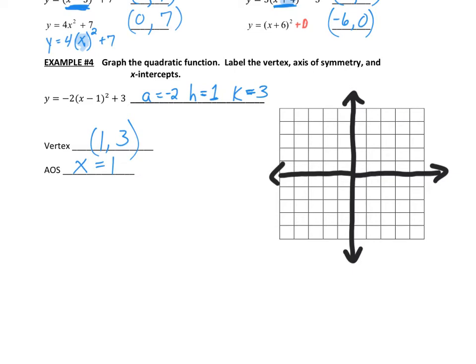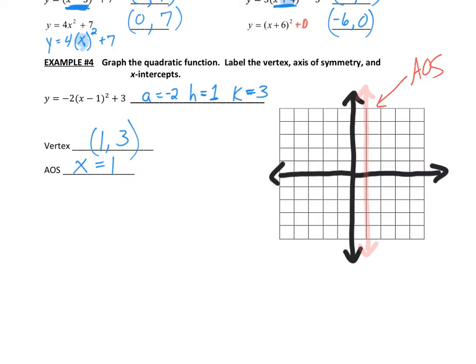The axis of symmetry is x equals 1, so I'm going to draw my vertical line at x equals 1 and label it. This is the axis of symmetry, that red line. How does that help us? That's going to be the middle of our graph.